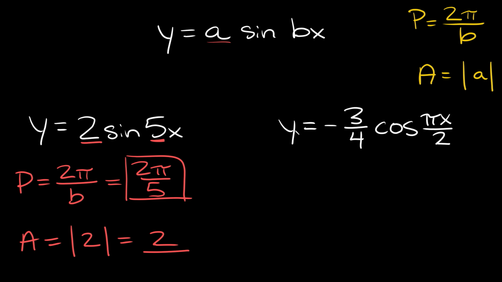So this time we're given y is equal to -3/4 times the cosine of pi x over 2. All right, so again, to find the period, let's write that out. The period is going to be equal to 2 pi over b. What is b in this case? Well, it might not be as obvious, but here pi x over 2, we can actually factor out this pi over 2.